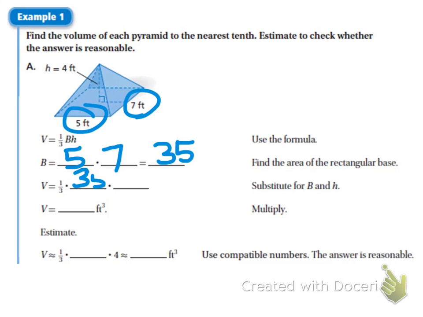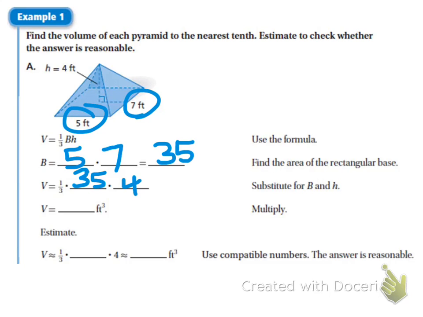What is our height? Sophia? 4 feet. Excellent. So 1/3 times 35 times 4. Put that in our calculators, and the answer we get is? Sophia? 140. Did you divide by 3?